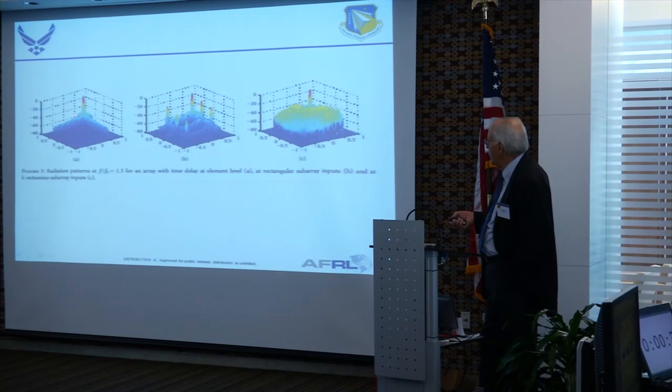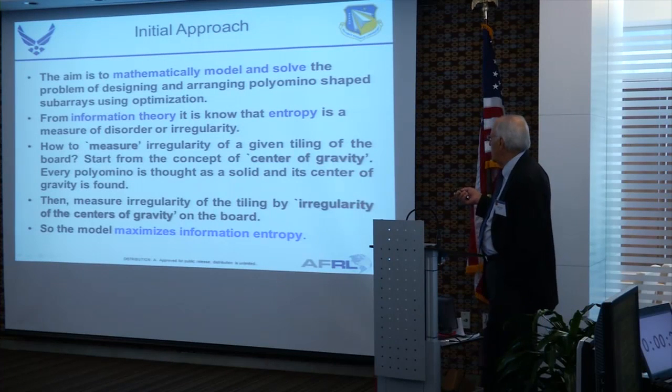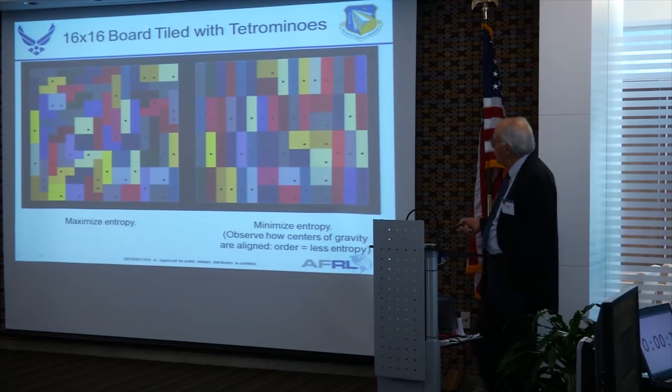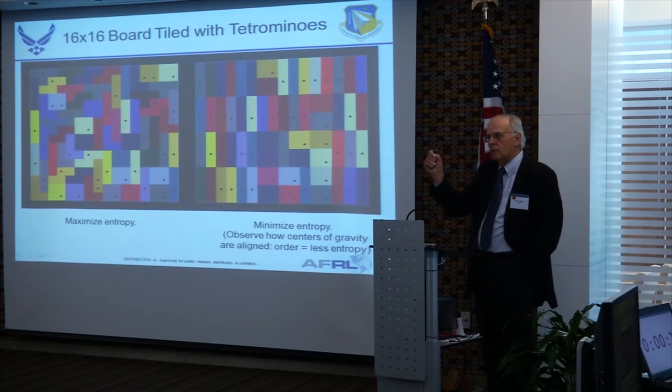This is with 1 per element. This is with regular tiling. This is with polyomino tiling. So we've had a group working on that. And again, I don't have time to go into it, but the details are that nonlinear optimization is used to arrange these things. The question was, rather than just doing this in an ad hoc way, how do you do it mathematically?